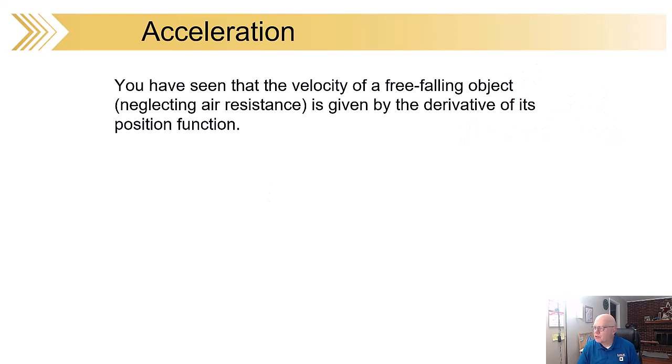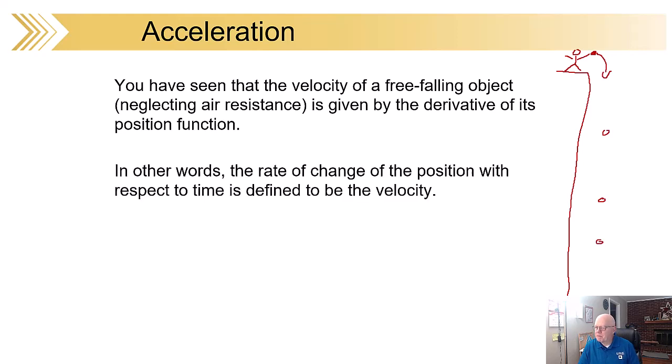Now, free-falling object, what are we talking about? Let's suppose we've got a cliff here. I'm not very good at drawing, but here you are at the top of a cliff. And let's not say you jump off of it. Let's suppose you throw a rock off the cliff. So it ends up being here and here and here, and eventually hitting the bottom. The rate of change of the position, that's distance, where it is with respect to a certain place, whatever you call ground zero, for example.